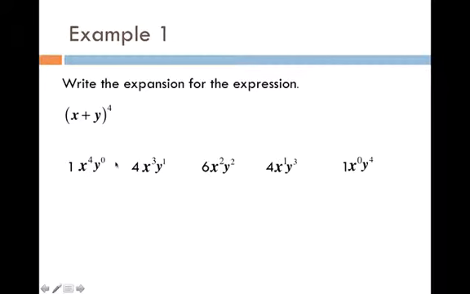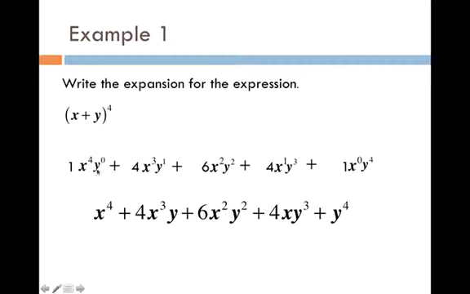Since we have a plus sign here, we put plus signs in between all the terms. We simplify. Anything to the 0 power is 1, so we simplify and we get this as our answer. This is the expansion for this binomial.